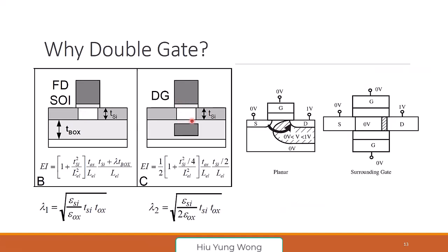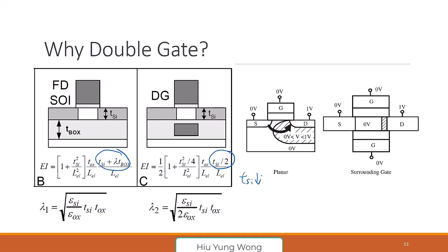So indeed, if we look at the electrostatic integrity, if you can do two gates, you effectively reduce the silicon thickness by half, because due to symmetry, you have two-gate control effectively. You only have half the thickness. Remember, what's the goal of doing the scaling?